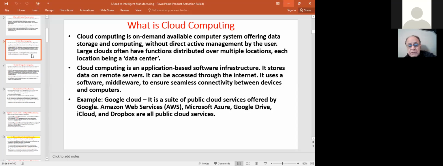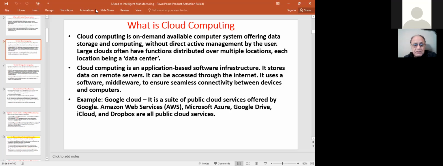Cloud computing is like you get yourself registered to the available greater, bigger computer system, and that offers you storage and computing. So your computation and your storage is done by an outside agency, and you don't really have to have an active management of the same system.